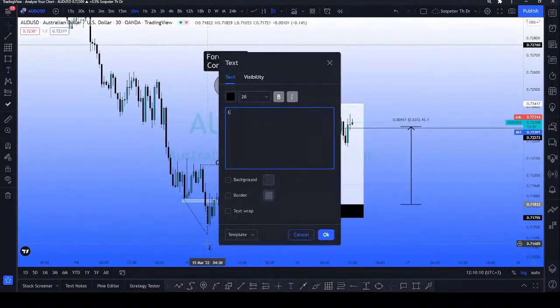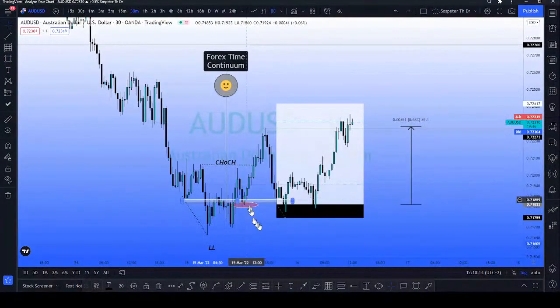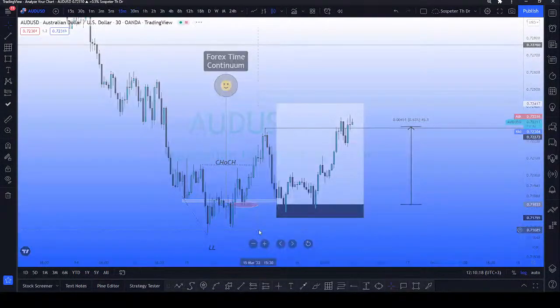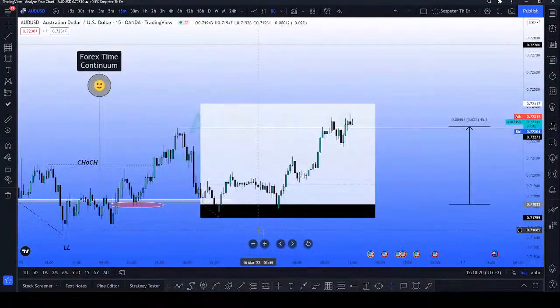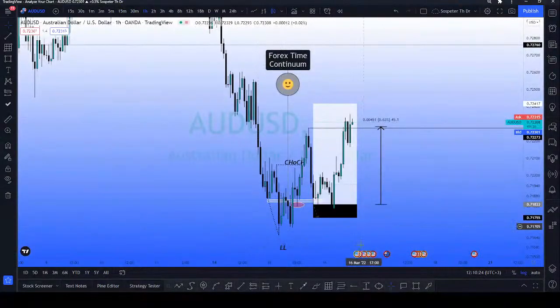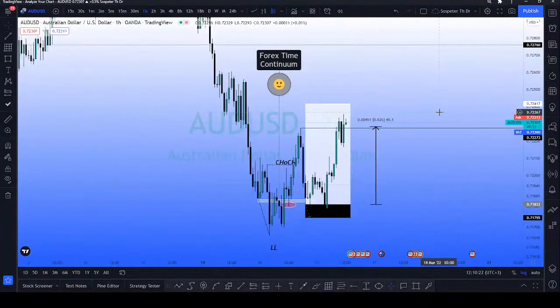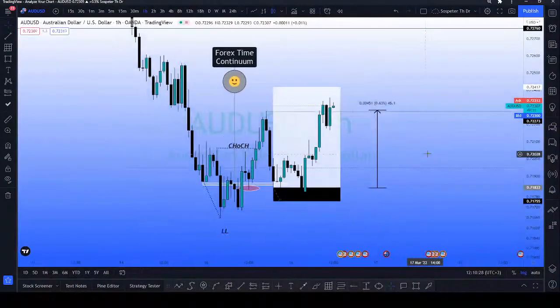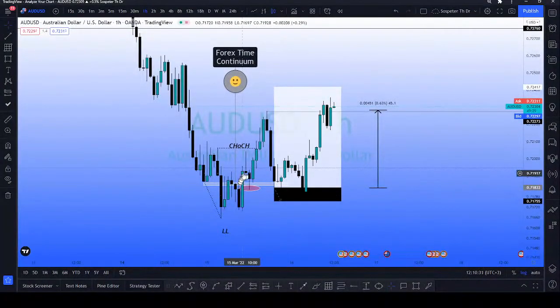This is 30 minutes. If you narrow to M15 or the 1 hour, the base should be clear. Let me expand a little bit. So this was a rally base rally demand zone.